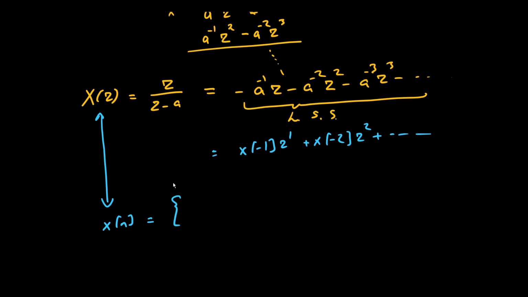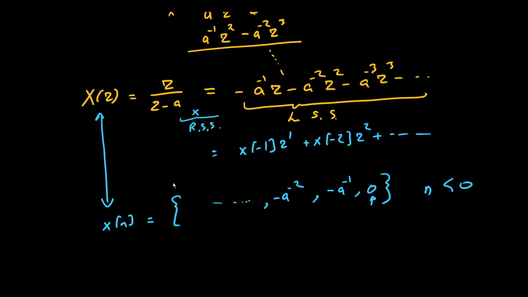where we have, say, a time index at time 0, we have a value of 0 because it starts at minus 1, and then at minus 1 we have minus a⁻¹. At time index minus 2 we have minus a⁻² and so on. So this is when our n is less than 0. But since this is left sided, on the right-sided part we do not have anything.